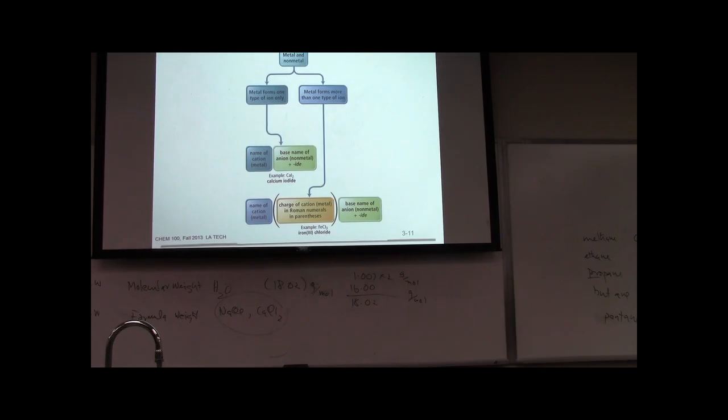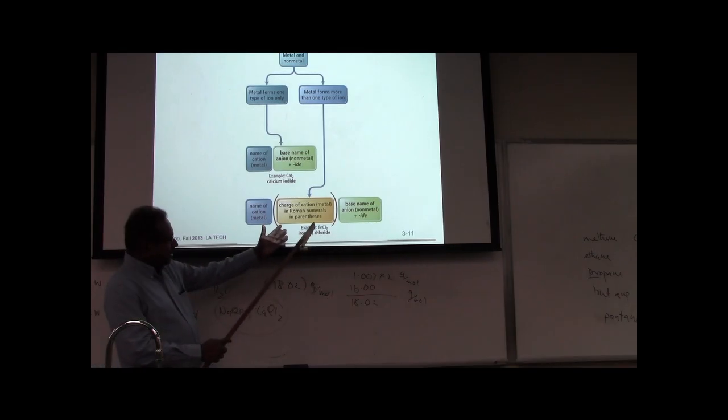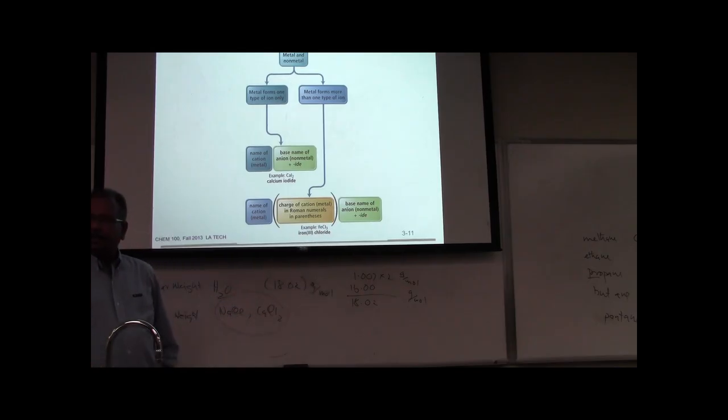So what should be the charge on Fe in the neutral formula here? +3. It has to neutralize. The formula has to be neutral. Otherwise it's a formula weight or a formula of an ion. So this 3 has to be written down as a Roman numeral here. But here, there's nothing.